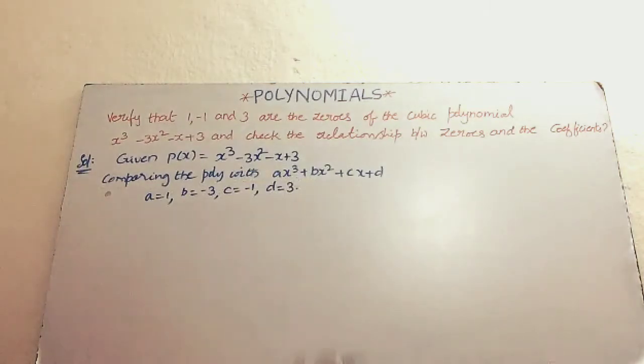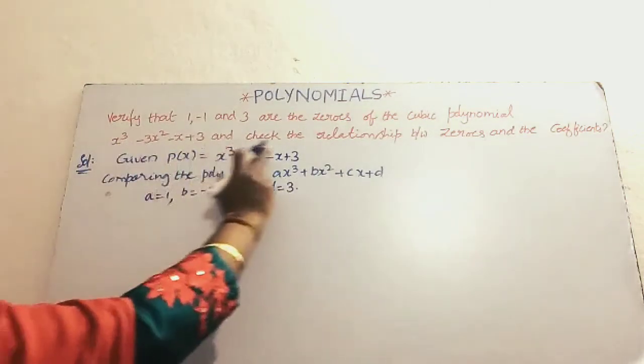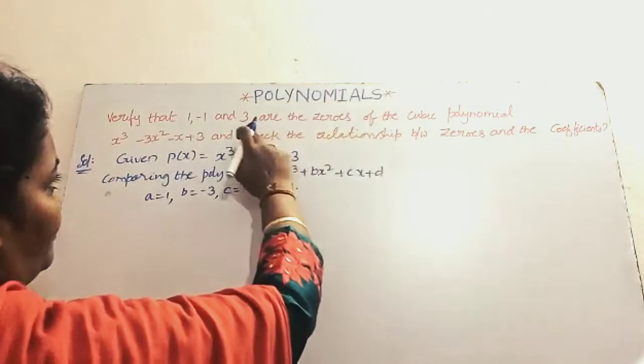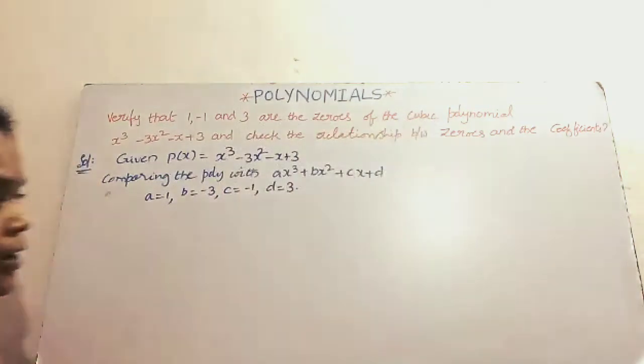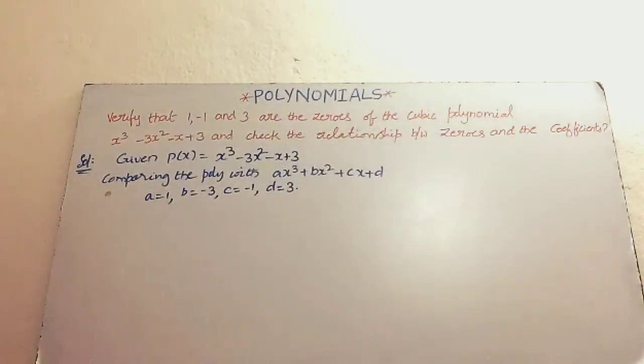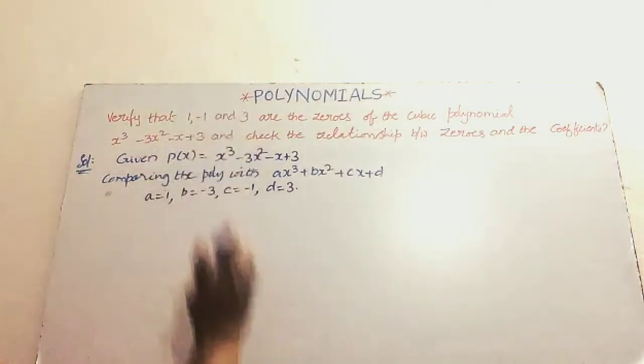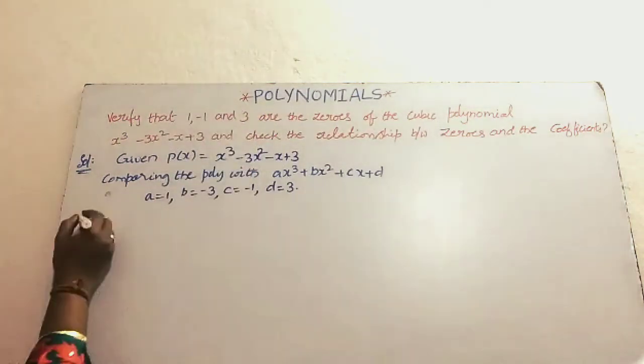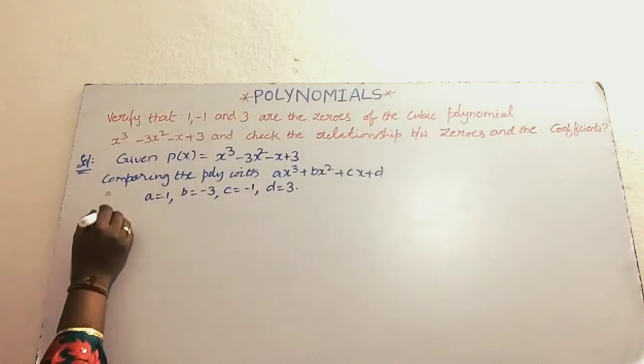So next what they asked, check zeros of the cubic polynomial. First we will check whether these three are zeros of the polynomial or not. So first we will take p of 1.